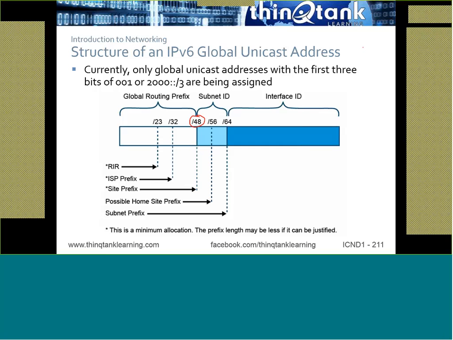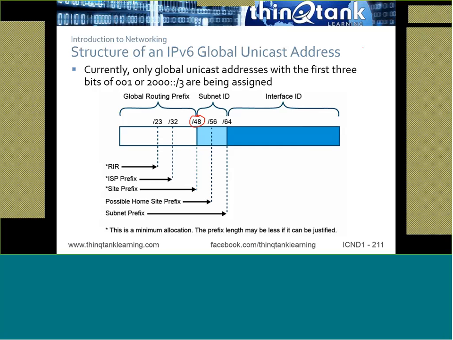Now, I'm not going to multiply that times the trillion number that we saw before, but you get the idea now. Subnetting changes in IPv6 because you don't worry about, oh, I don't want to waste address space, so I want to put a /30 here, and I want to put a /28 here, and a /27 here. No, you put a /64 everywhere.